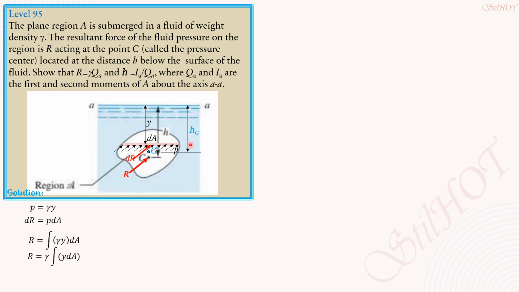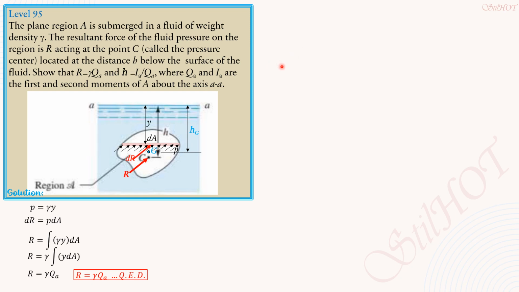So that is actually equal to area times hG from the figure. So QA, or area times hG. So we have shown that R really is specific weight or weight density times the first moment of area. So that's it for the first part.